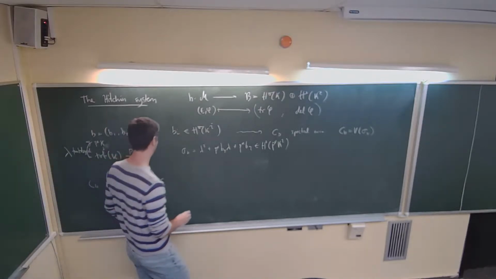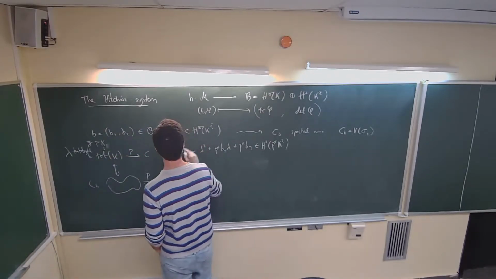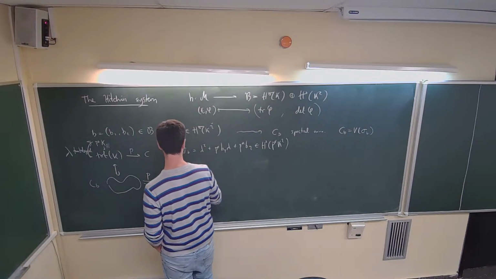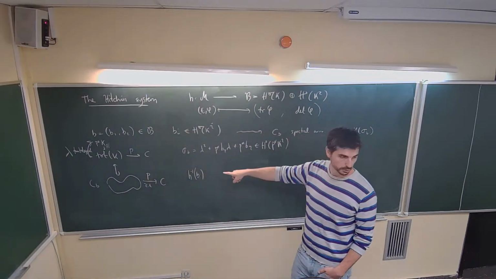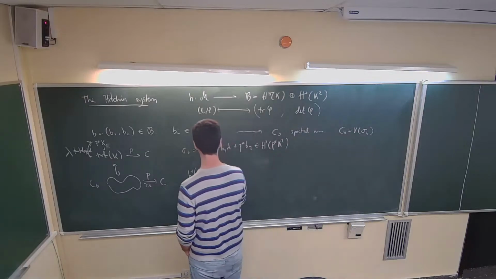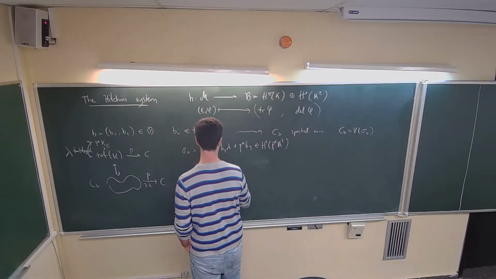Okay. Also, one can show very easily that the fiber over the point corresponding to B is actually the compactified Jacobian of CB.